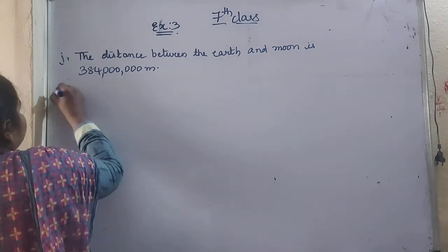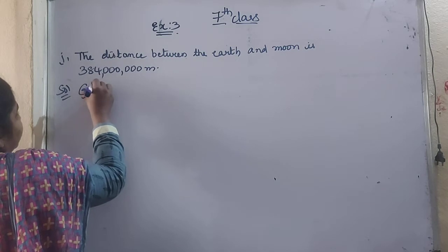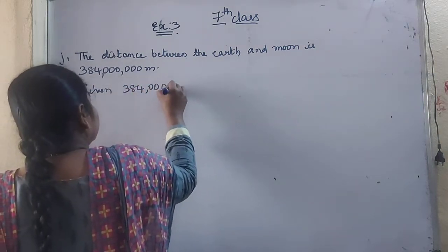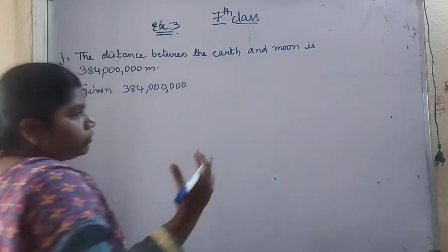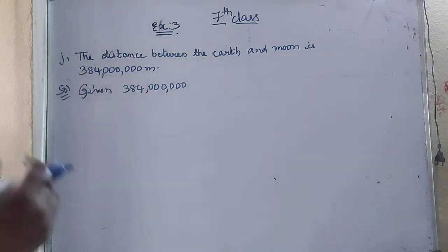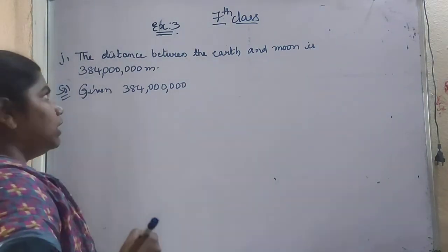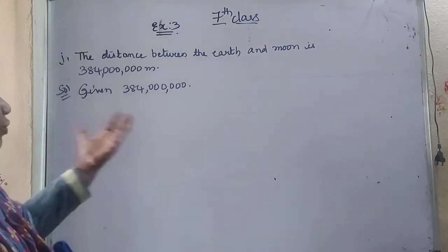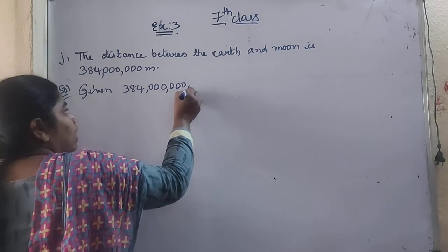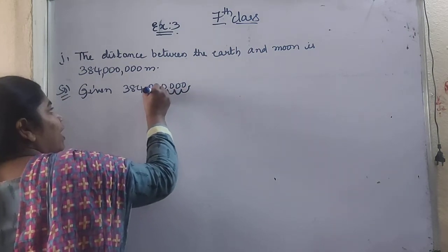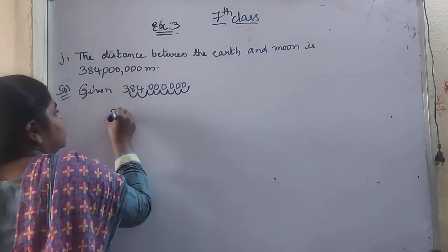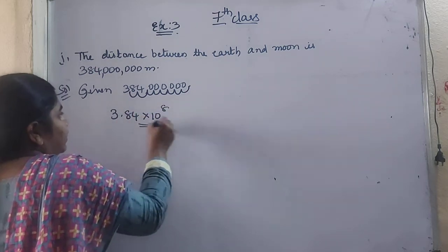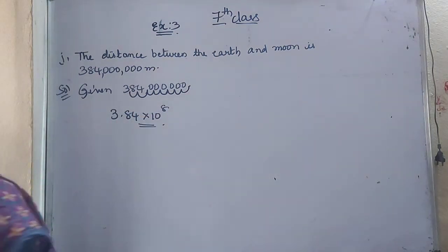How to convert this into standard form? How many times you move the point, that much power will be raised. This is a bigger number, so you are not seeing any point, which means the point is here. We have to move to the left side. 1, 2, 3, 4, 5, 6, 7, 8. That means 3.84 into 10 power 8 is our answer. So this is our standard form.